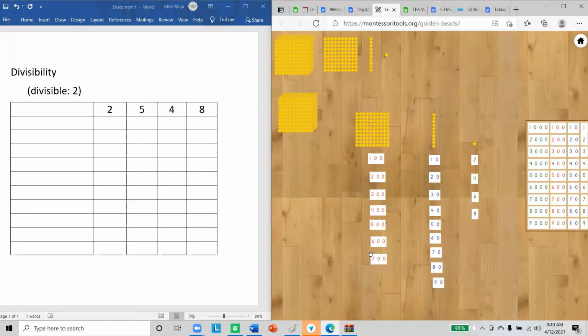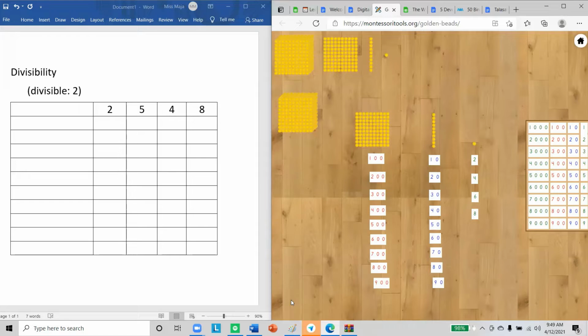Like in the 60, it's 30 plus 30, but there's just an added 0. How about 700? 700, that's 350 plus 350. How about the next, 800? 400 plus 400.